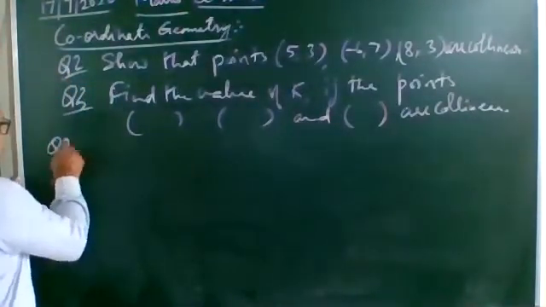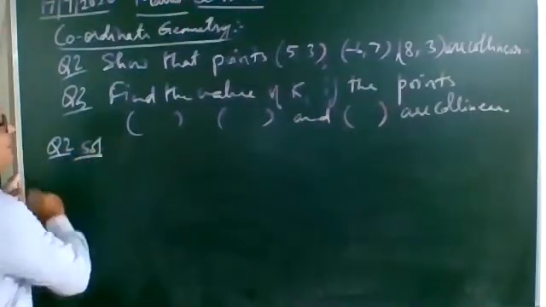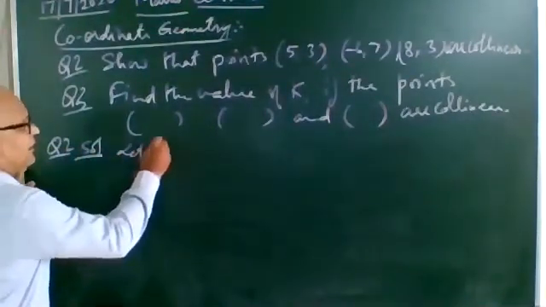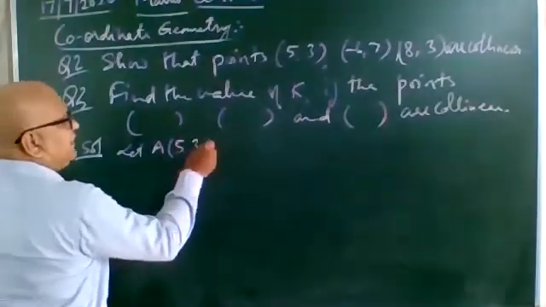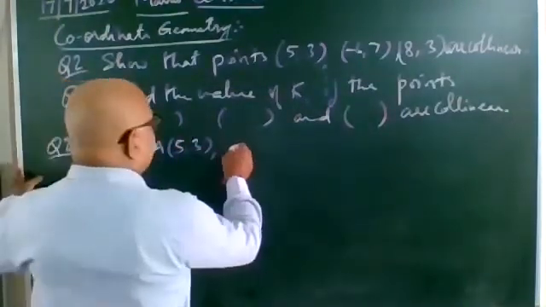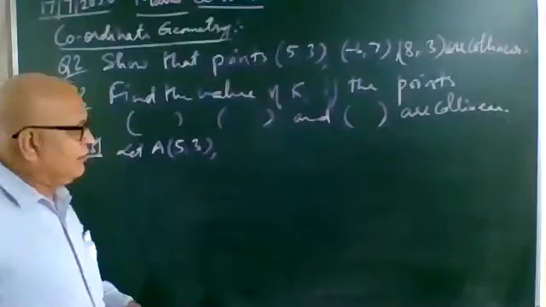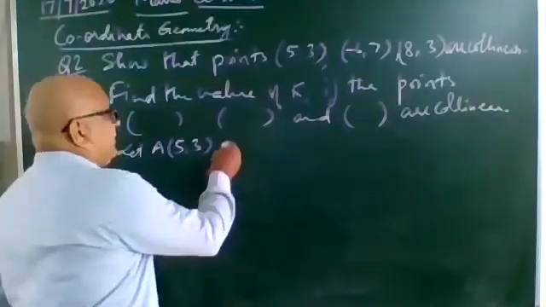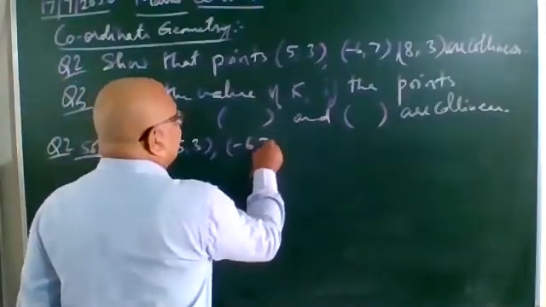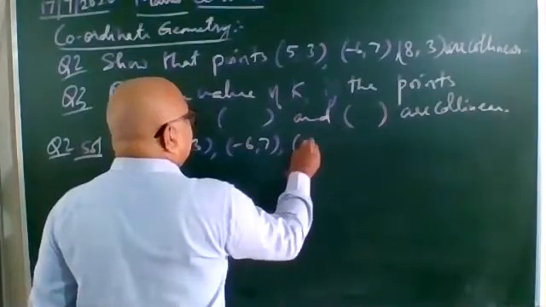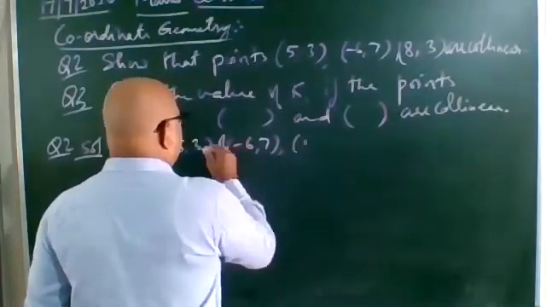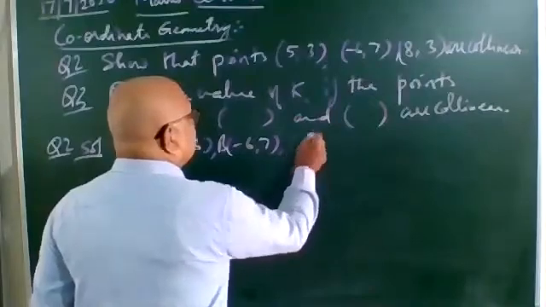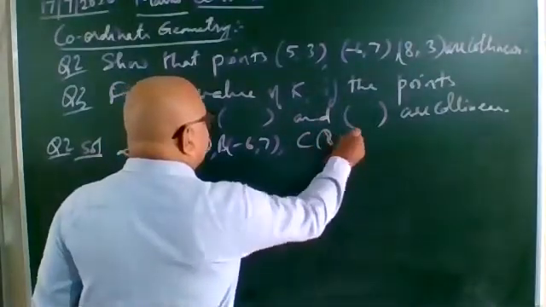Question number 2, solution. Let A (5, 3), B (-6, 7), and C (8, 3).